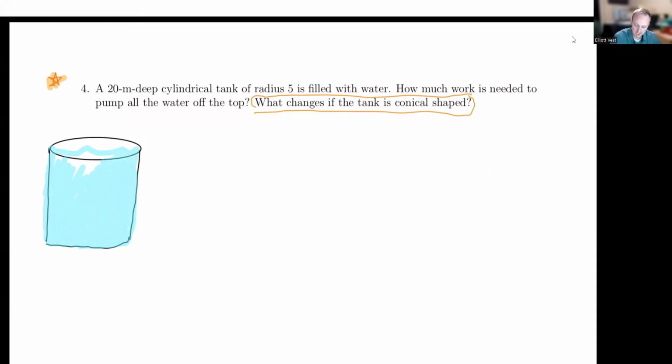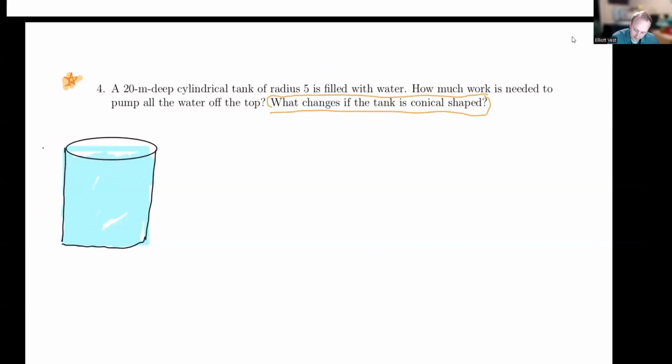And also feel free, you guys, to listen on like 2x speed if I'm going too slow, or slow it down if I'm going too fast for you. That's the beauty of online, right? It has a 20-meter depth. So let's do 20 meters here. Let's start this to be at 0, and then this be at 20 meters. And it has a 5-meter radius.